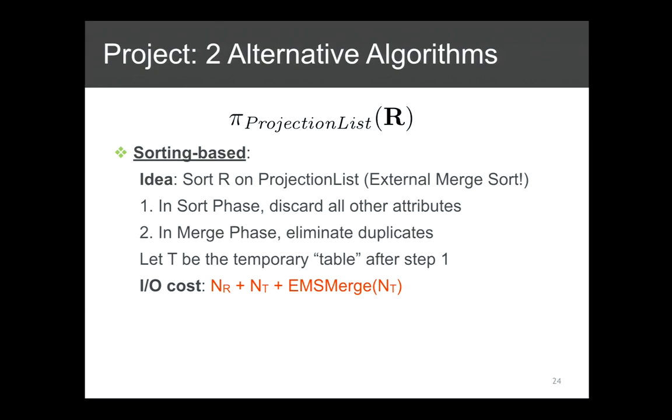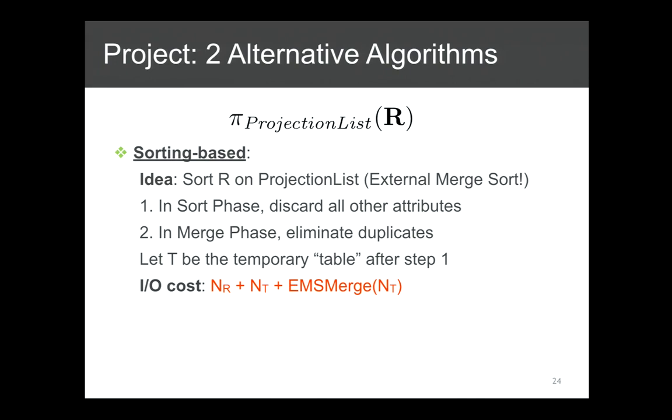N prime here is NT. If you're using replacement sort, then it'll be NT over B, whatever. So that's a whole function expression that I've referenced here. Whatever approach you're using for your external merge sort, all those optimizations, you'll have to factor that in to replace this function over here. So this is the cost of a sorting-based approach to deduplicating project.